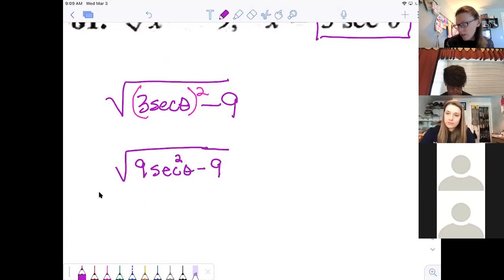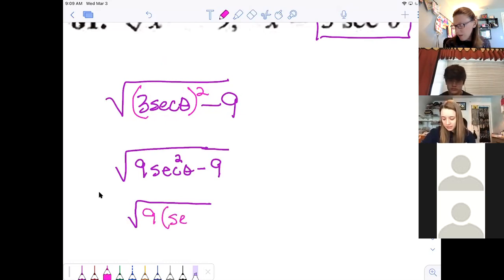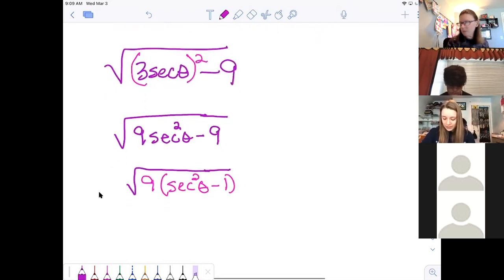So Jenny, if we're working underneath the radical here, what do you notice about 9 secant squared minus 9? They have a common factor of 9, so I took that out. Excellent. And then you were left with secant squared minus 1. What'd you do next then, Jenny? I replaced secant squared minus 1 with tangent squared.